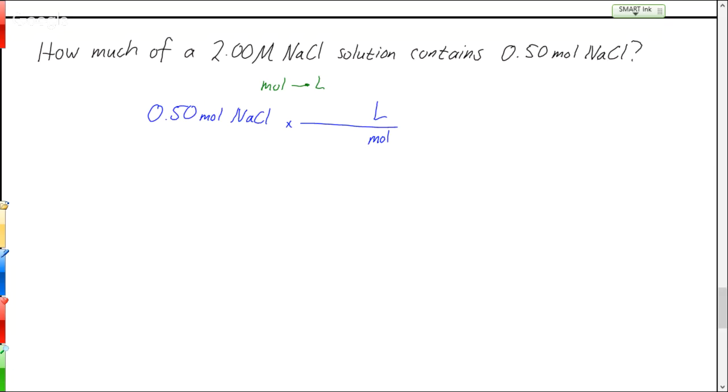The relationship between moles and liters is given by the concentration. Remember, the concentration is defined as moles per liter. So the fact that it's a 2 molar solution tells us that there are 2.00 moles in each liter. We get that from the concentration.